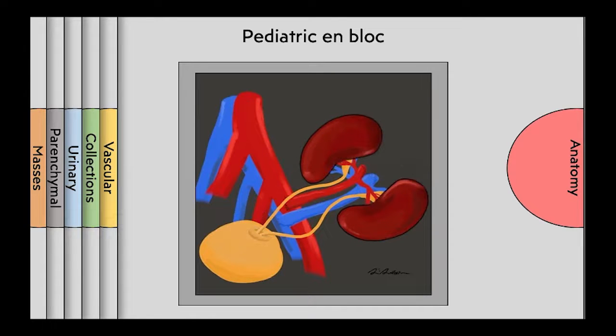In these cases, both donor kidneys can be implanted en bloc. In this case, the larger donor aorta and inferior vena cava become anastomosed to the external iliac artery and vein, respectively. These are usually placed in the left iliac fossa.